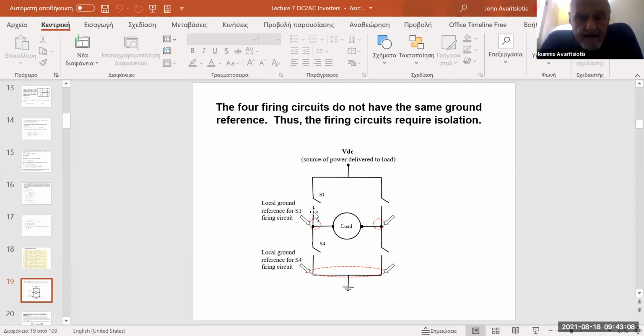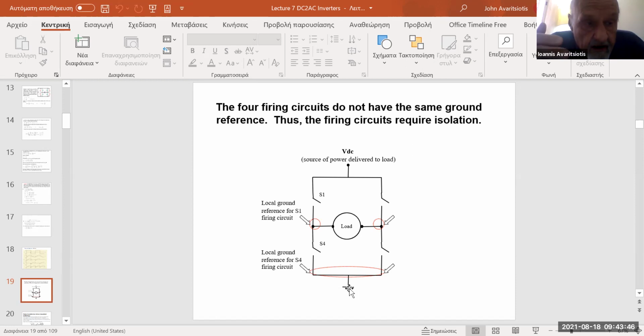However, the emitter now of this bipolar junction transistor does not refer to the ground, to 0 volts, but it refers to this node. And this node may have a high voltage potential. In other words, this node may be 50 volts above 0 volts, above the ground.